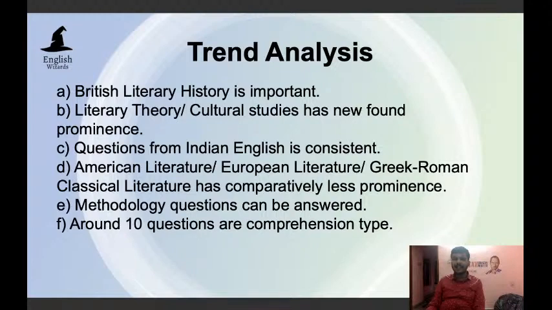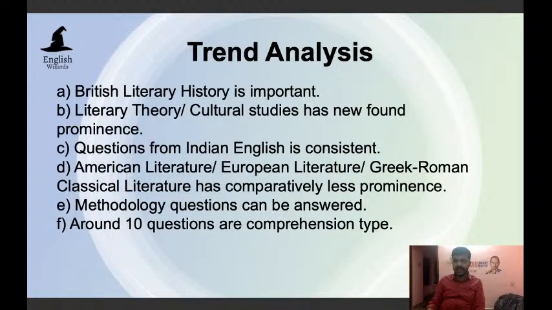Now there are sections like Indian English literature or Indian English studies, however you want to call it. From that section, questions have been consistently asked, around 6, 7, 8, more than 5 questions. This area is important. Why? Because there are so few authors. Starting from Ram Charan Sharma or Kashi Prasad Ghosh, there are so few authors till recent times.